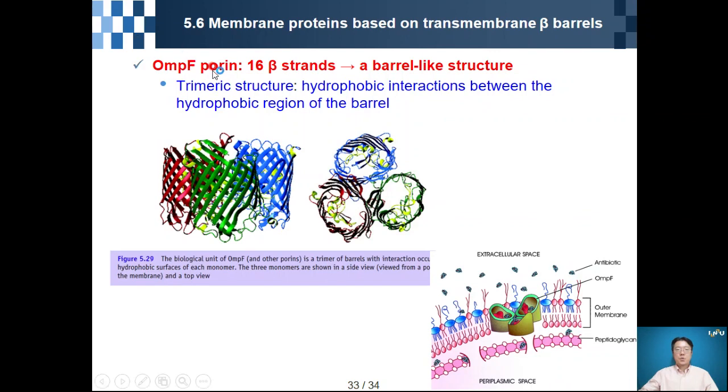OmpF porin exists as a trimeric structure. This is a monomer, and this is another monomer.